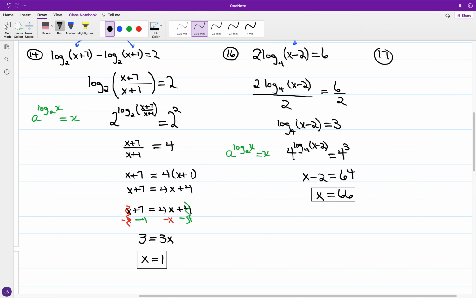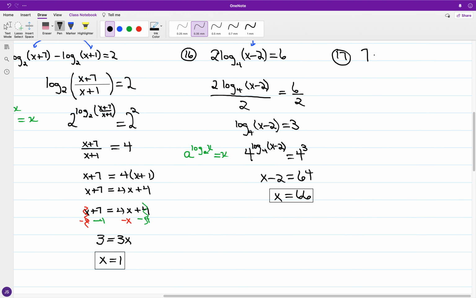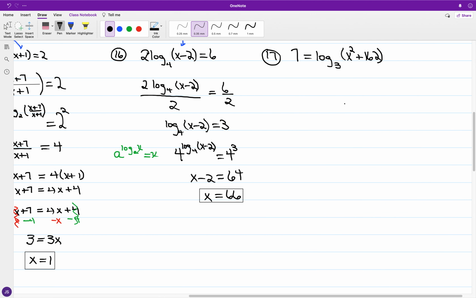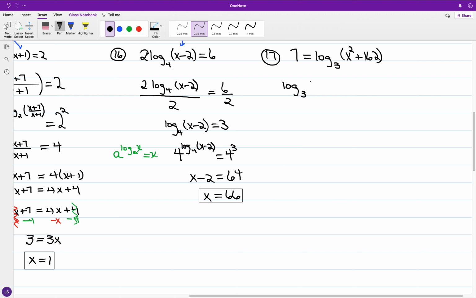I've been accustomed to having the logarithmic term on the left-hand side of the equation, so I could use the symmetric property of equality to switch around, like going from a equals b to b equals a.